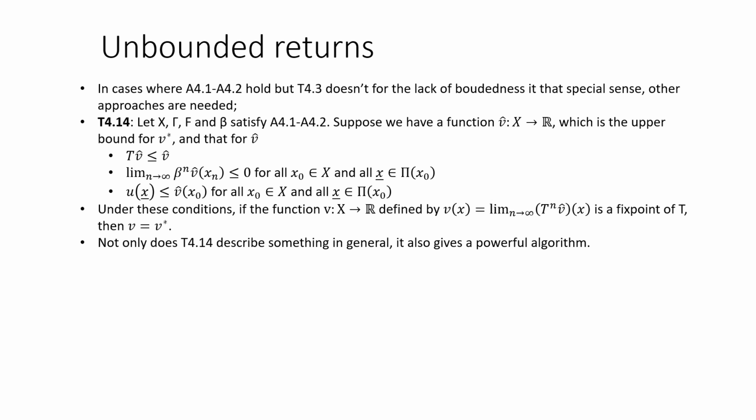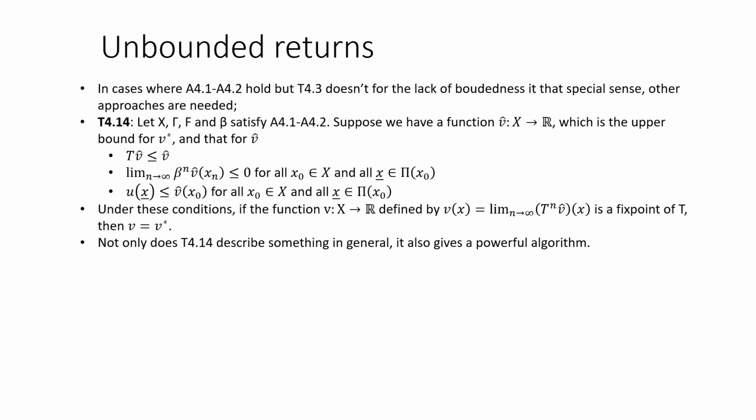So in other words, the supremum function is one solution to the functional equation, but for the lack of boundedness in the sense of Theorem 4.3, the functional equation may have other solutions, and in such a case we need another approach or other approaches, and Theorem 4.14 gives us such an algorithm.